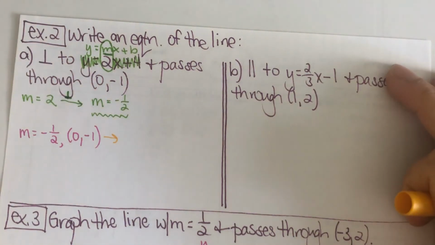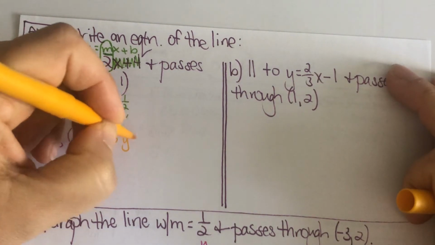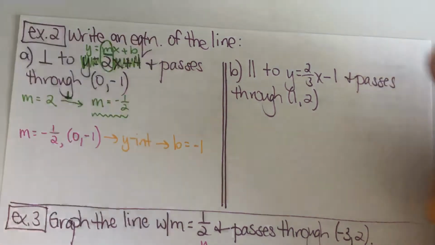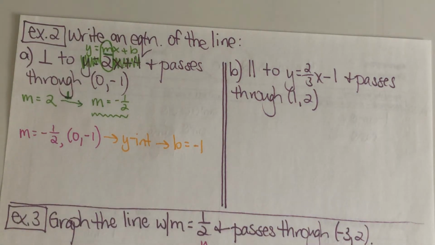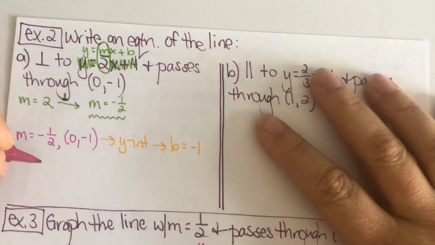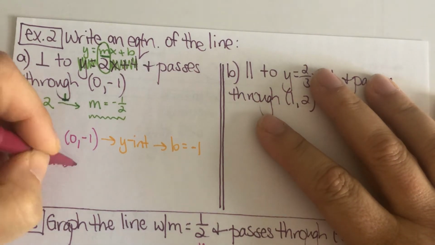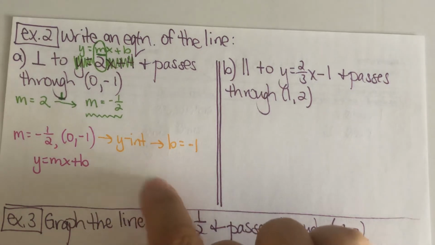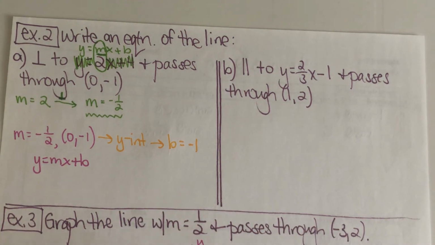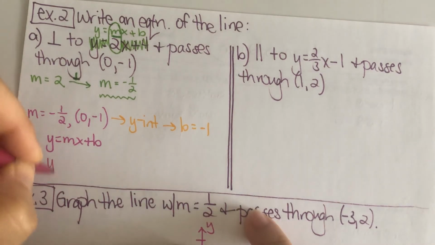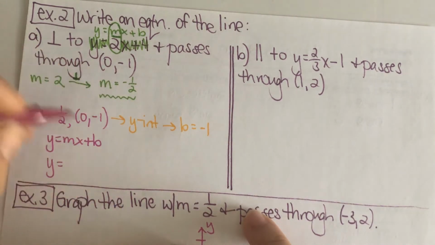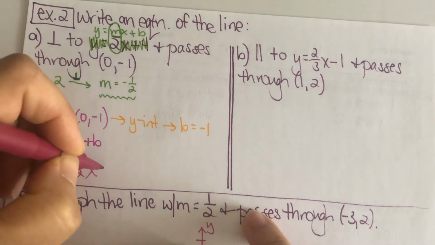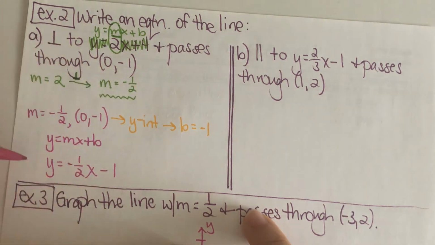Over 0 and down 1, this is the y-intercept. So this tells me that b in slope-intercept form is negative 1. It's totally okay if you don't recognize that, because point slope form will work perfectly fine over here. It's just one extra step. So I'm going to use slope-intercept form because I have a slope and an intercept. I'm plugging in the slope for the m, and I'm plugging in the y-intercept for the b.